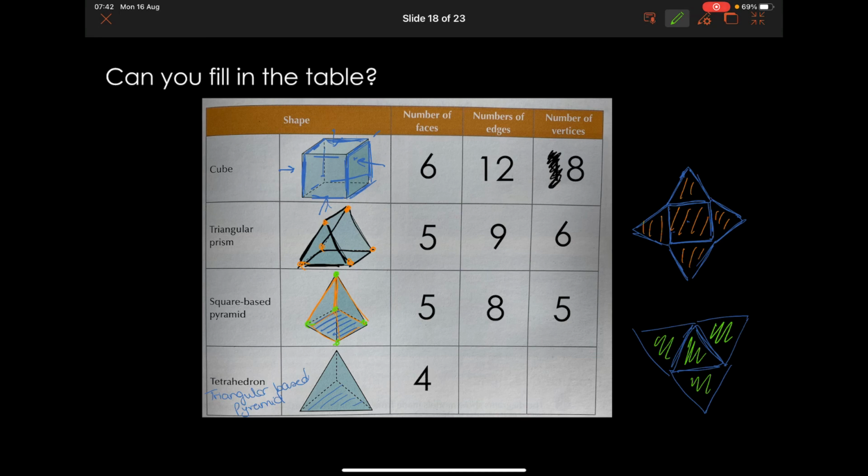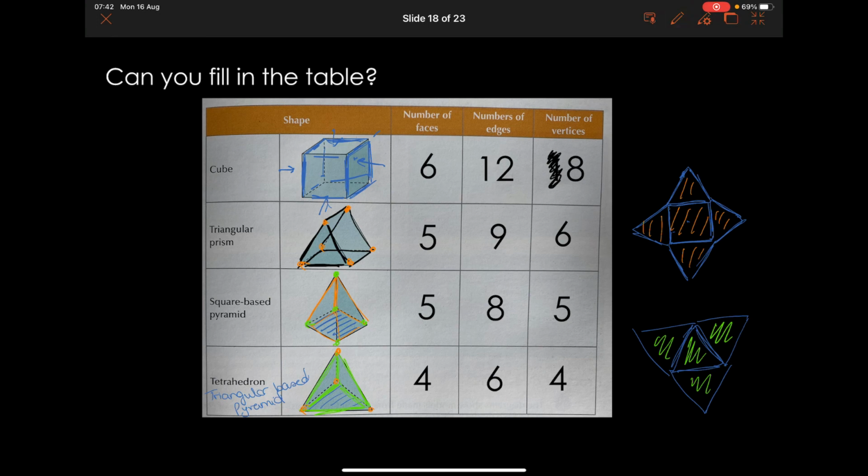Edges, again, just be very careful, but it shouldn't be too bad this time because it's only 3-sided. You've got 1, 2, 3, 4, 5, 6. Brilliant. And then finally, the number of corners: 1, 2, 3, 4. The number of vertices is 4.